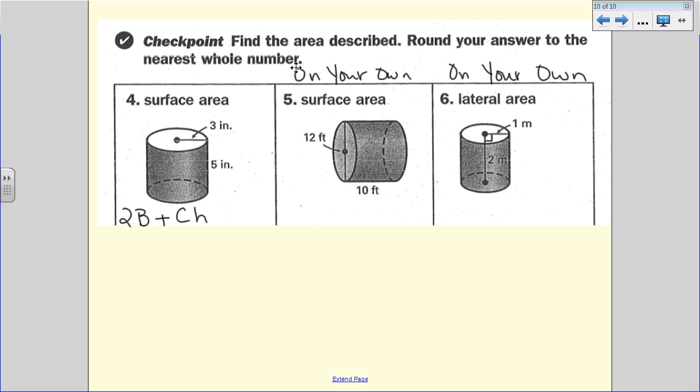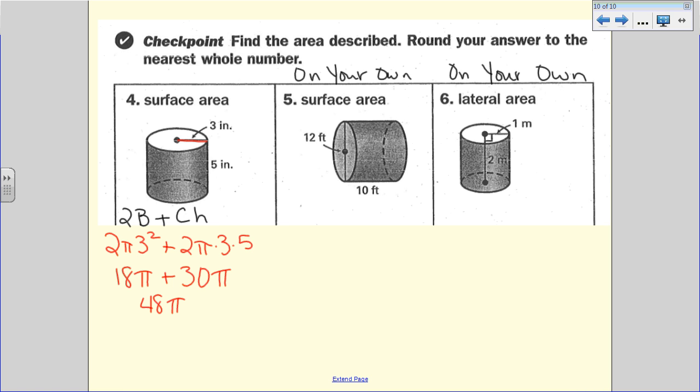So we've got 2 times pi times 3 squared, because that's my radius, plus the circumference is going to be 2 pi times 3 times the height of 5. So 2 times 9 is 18 pi, plus this is going to give me 30 pi. I don't have my calculator handy, I'm doing more writing than typing, so this is 48 pi.